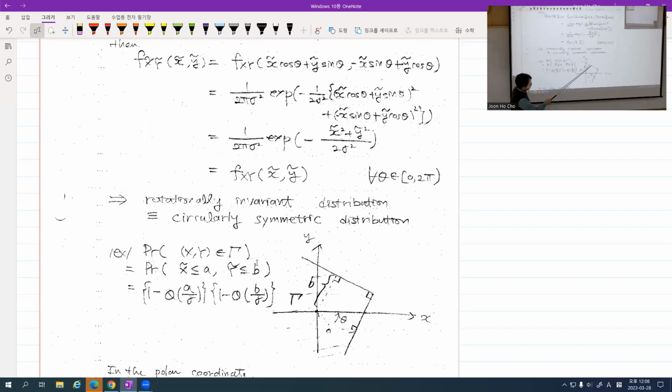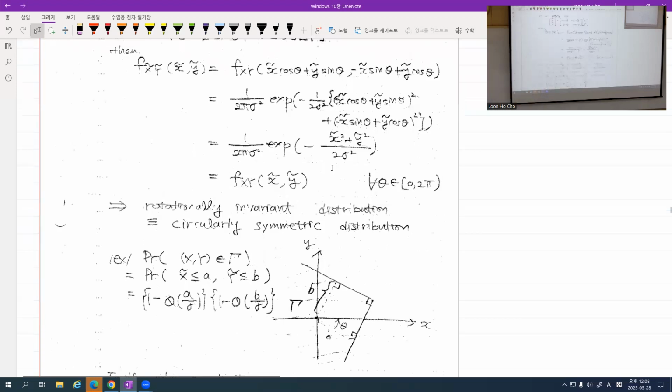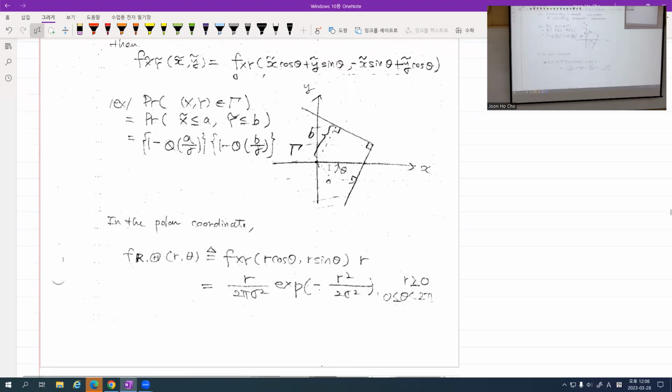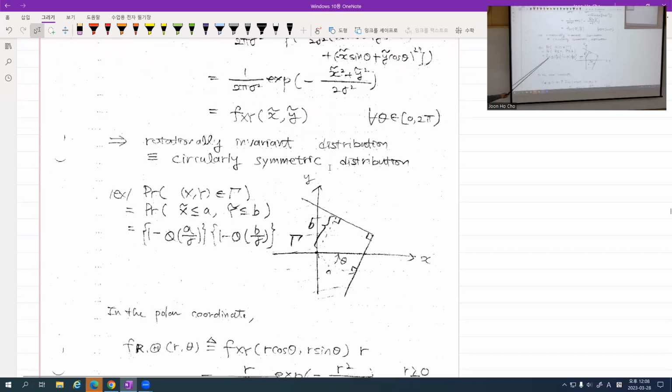Here, two lines meet at a right angle, and from the origin, this foot has length A and this foot has length B. Then, due to the rotational symmetry, if we rotate this area to the previous situation, we have the same result: 1 minus Q of something times 1 minus Q of something.